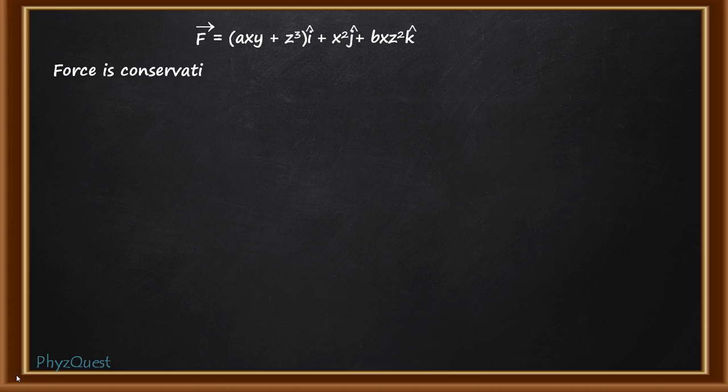So now let's move to the question. Here we are given a force F is equal to (axy plus z cube) i cap plus x square j cap plus bx z square k cap. Now the given force is a conservative force. Therefore, the curl of F is equal to 0. In order to solve this problem, we have to write down the curl of this force in determinant form.